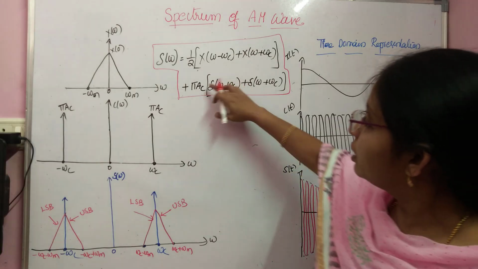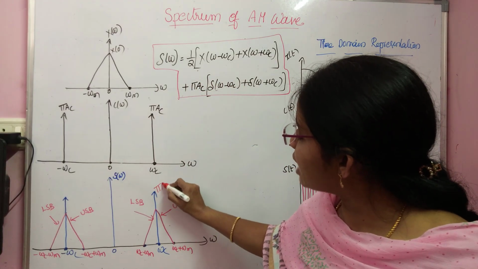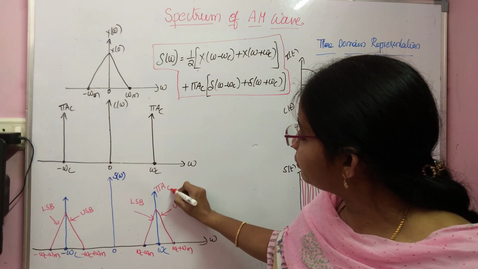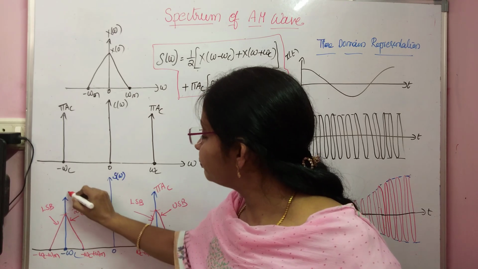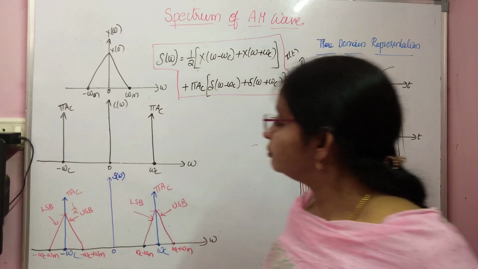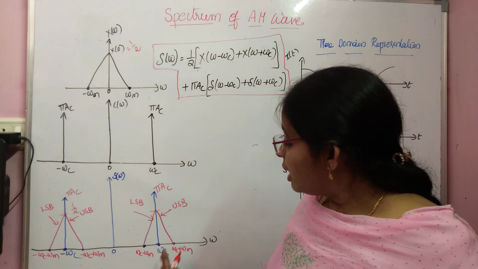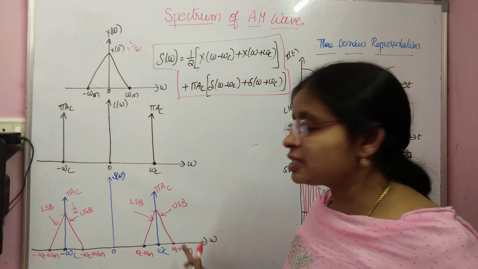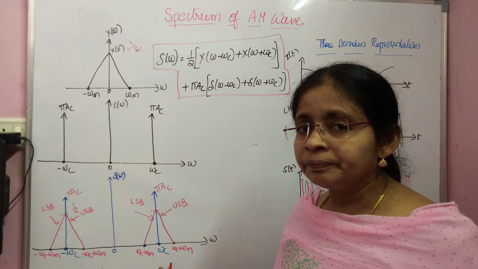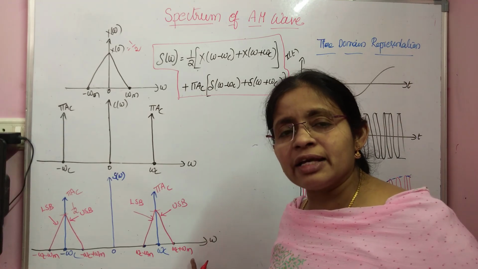So these are all the amplitudes. The impulse amplitudes are pi Ac. The message amplitudes are half. Here also, now if you observe, this is the carrier frequency. With respect to the carrier frequency, your message is occupying the side greater than the carrier frequency.